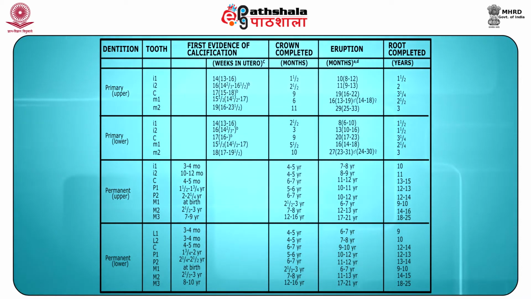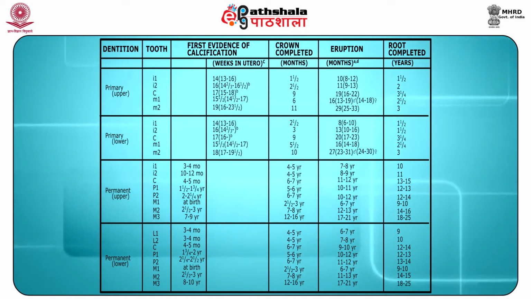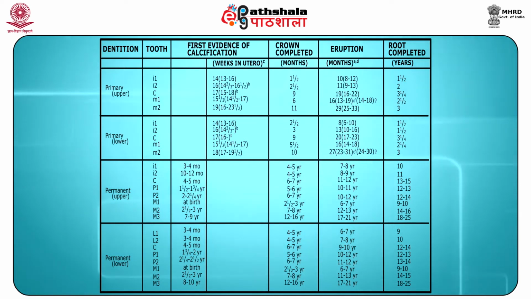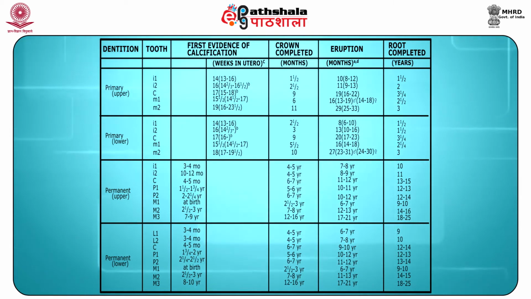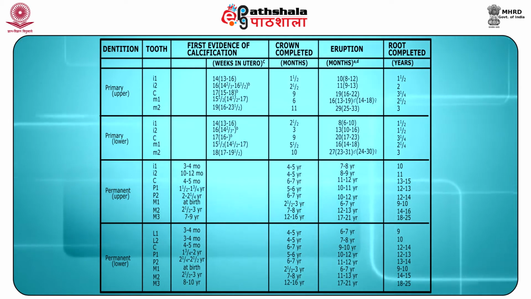So 17 to 21 is the age of appearance of the third molar, or the wisdom tooth, and 18 to 25 is the age for the complete formation of the root of the third molar.